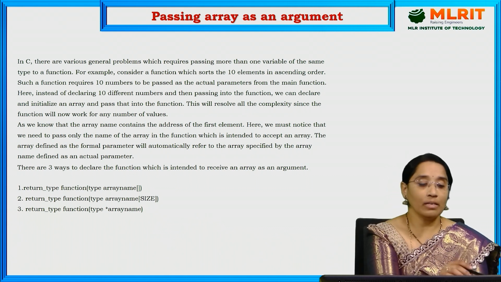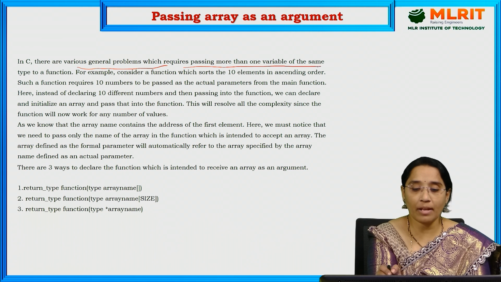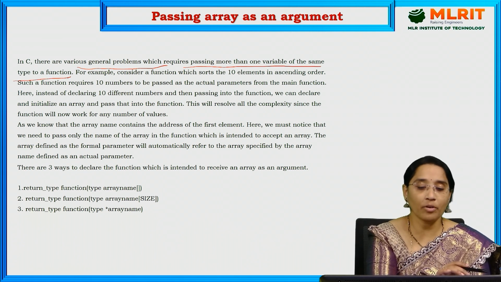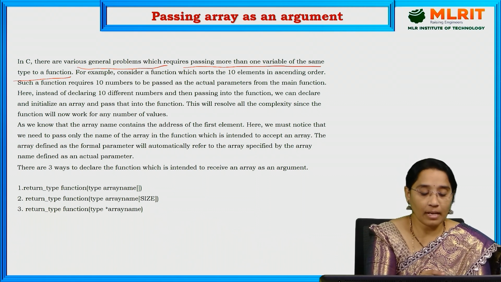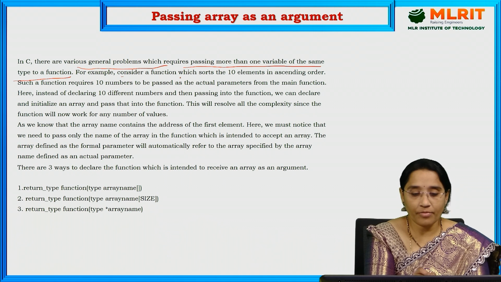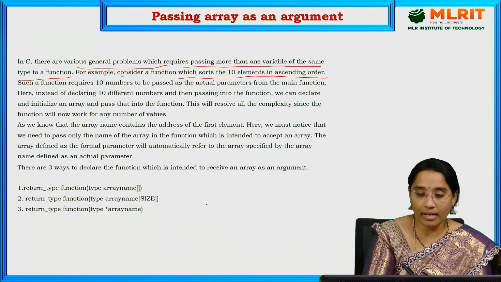So in C, there are various general problems which require passing more than one variable at the same time to a function. Sometimes you need to pass more than one variable of the same type to a function. For example, consider a function which sorts 10 elements in ascending order.